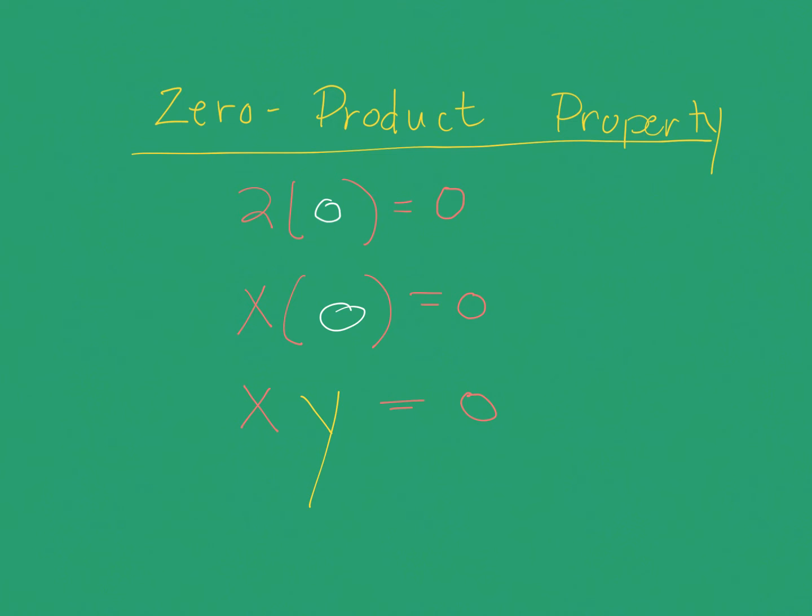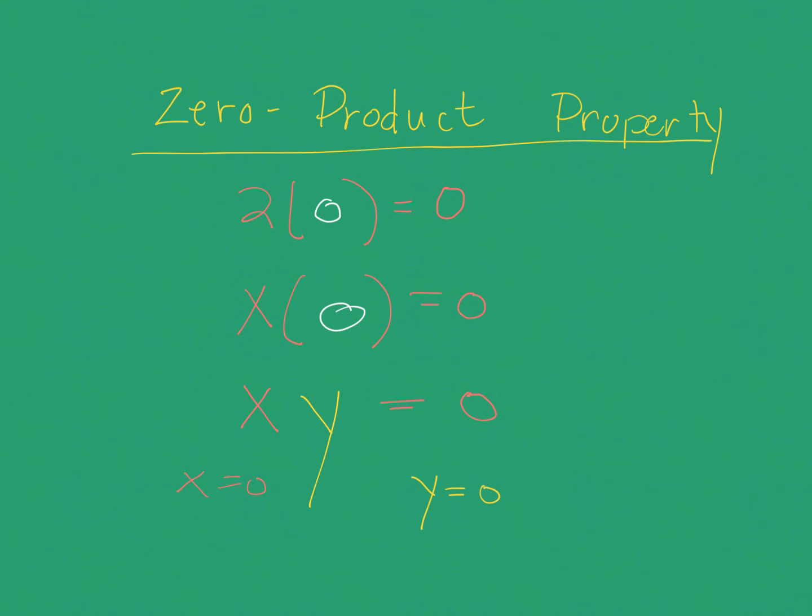Well, it actually tells me two things. It could tell me that x could be 0, because if we took 0 times any number y, we'd have 0. But also that y could be 0, because if we took any number x times 0, our result, our product, would have to equal 0.